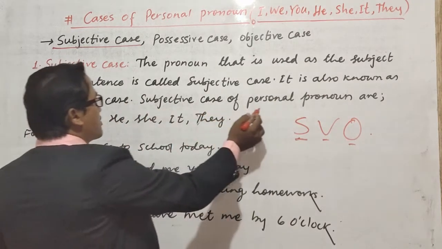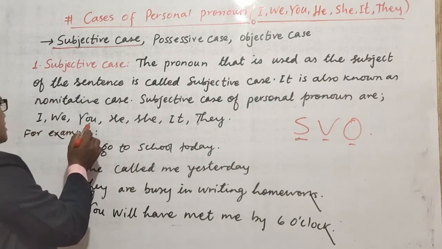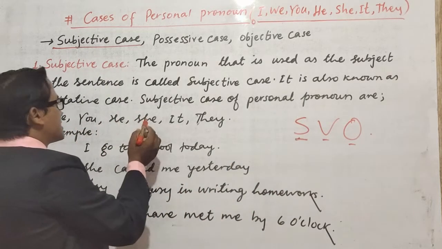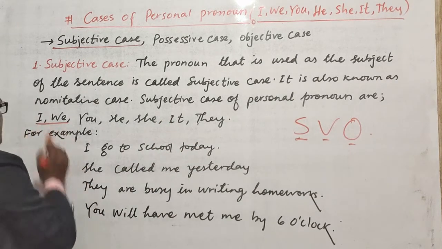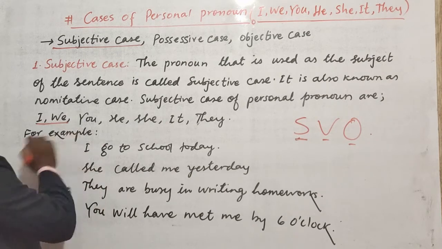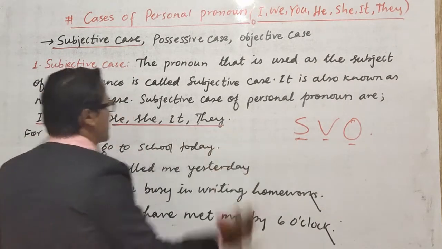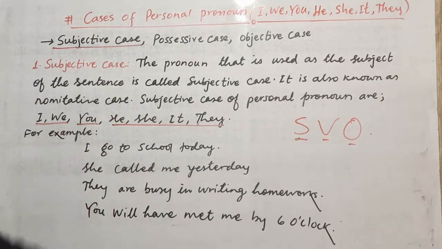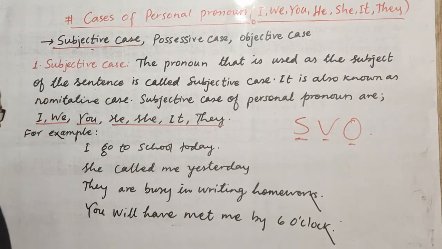The subjunctive case of personal pronouns are I, we, you, he, she, it, they. I, we are first person, you second person, he, she, it, they third person. They are used only in subjunctive case in the sentence.